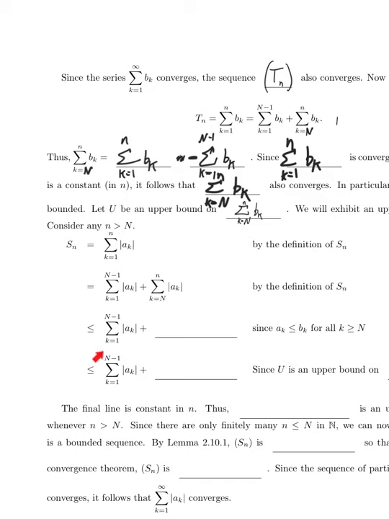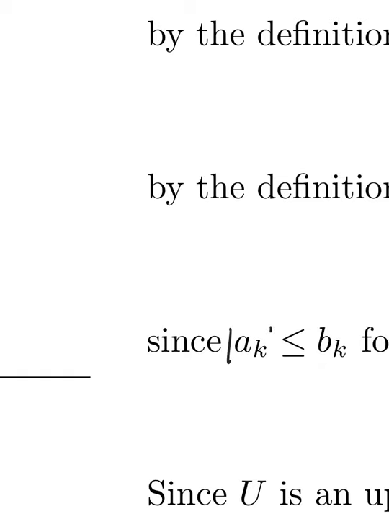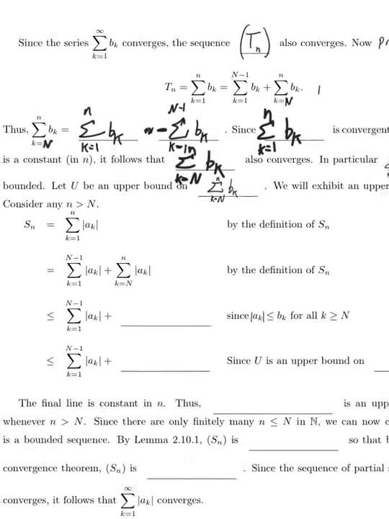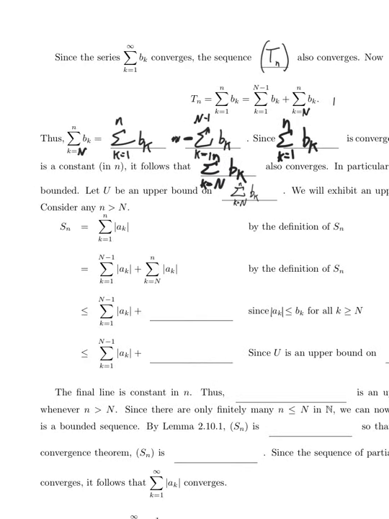That is now less than or equal to this, which is constant. Well, for every k that's big N or bigger, absolute a_k is less than or equal to b_k. So that means I can replace this with the sum of b_k's and make the whole thing a little bit bigger.